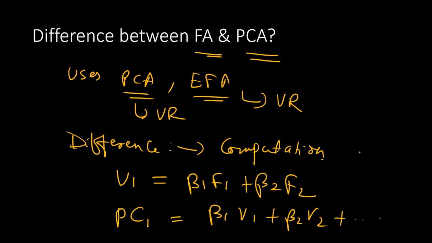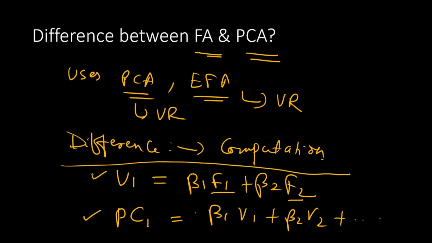It could be more number of variables as well. So here is the difference. In factor analysis, each variable is a linear combination of hidden factors like factor 1 and factor 2, which are unknown, and you determine that. Whereas in the case of principal component, the component itself is a linear combination of variables. So it is the reverse, or the opposite, of the way the factors are calculated in factor analysis. So that's the main difference between PCA computation and the factor analysis computation of factors.